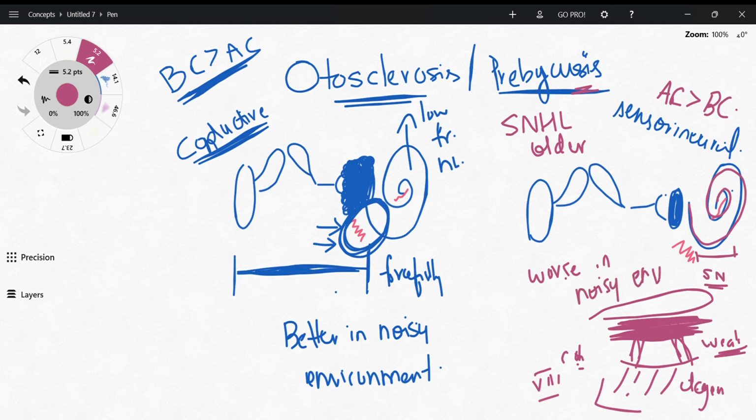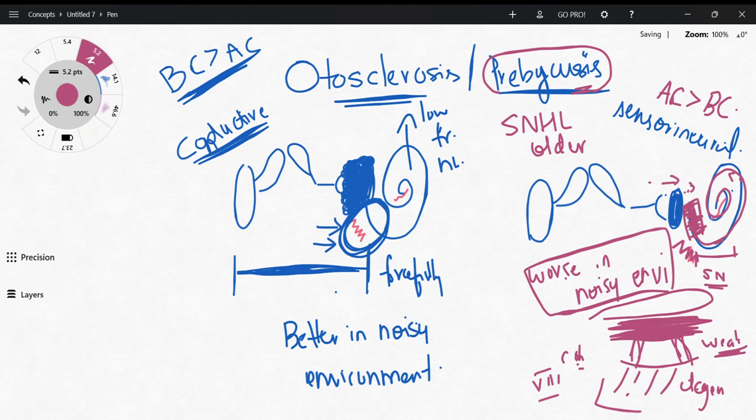In general, both of them are going to complain of hearing loss, and more so with presbycusis because all the hair cells are getting affected. You can also think of it in this sense: you already know that the high frequency sounds are concentrated at the base of the cochlea, which is here, and this is the first point of contact between the stapes and the cochlea.